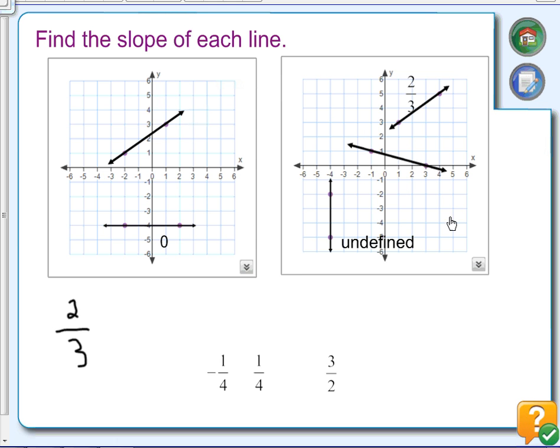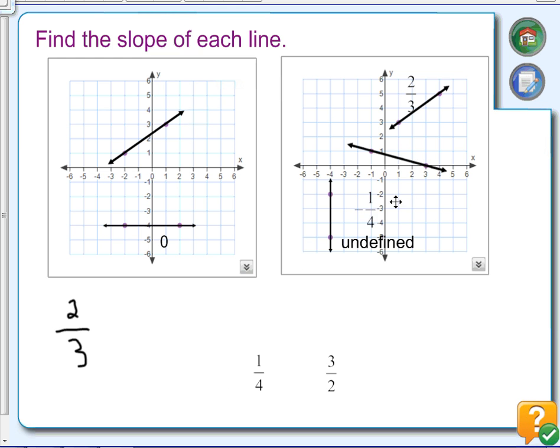Now, this line is negative, so automatically you know that there's going to be a negative in front of your slope. So instead of rising, you're falling, so you're going -1, but then you're going positive 1, 2, 3, 4.